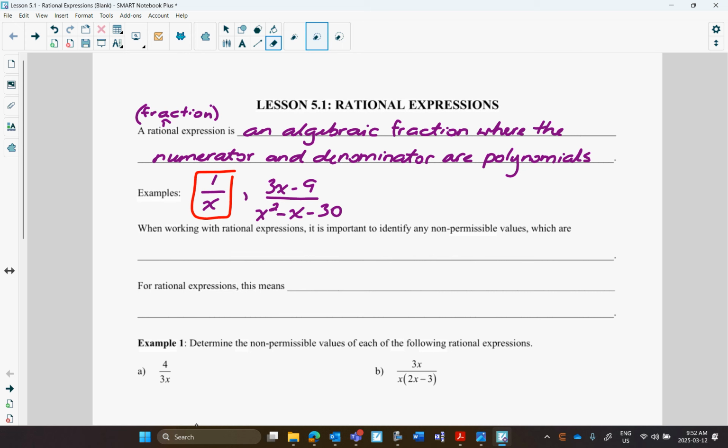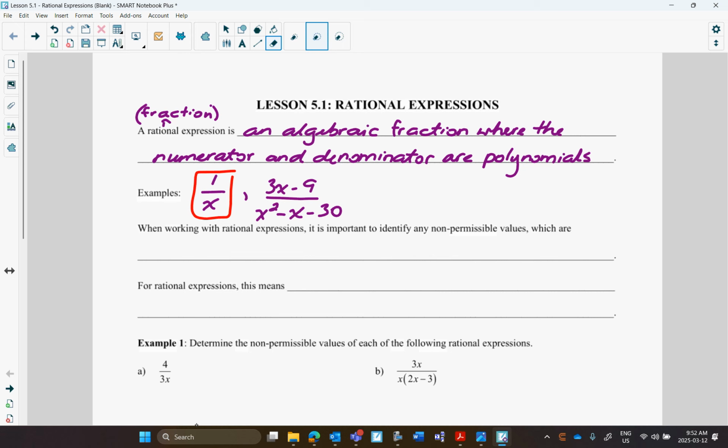If I asked you, if x is 5, what's the value of this? Don't overthink. 1/5. If x is -1, what's the value of this? 1 divided by -1 is -1. If x is 0, what's the value of this? Undefined. So I can plug any number I want in as long as it's not 0.